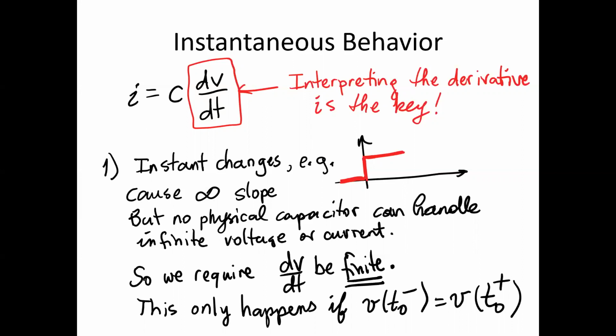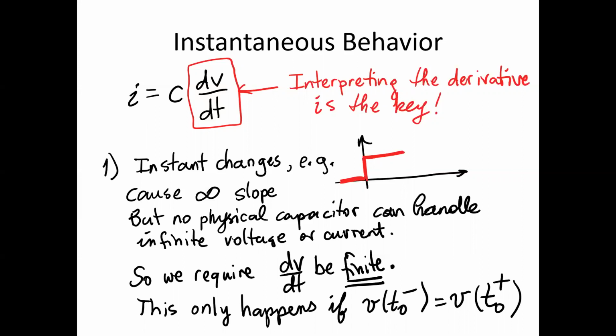So how do you represent those types of changes? Remember that the derivative is the mathematical way of expressing change. Having an instantaneous change amounts to having something like a step function, where you have an infinite slope at a particular time, corresponding to the time of the event. The key thing here is that no physical capacitor can handle infinite voltage or current.